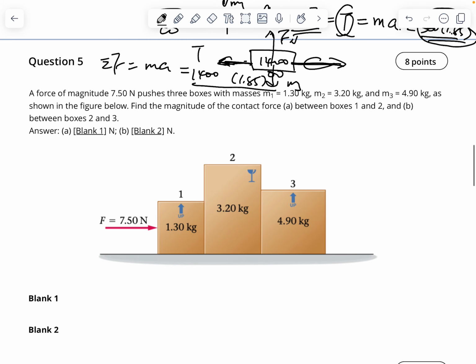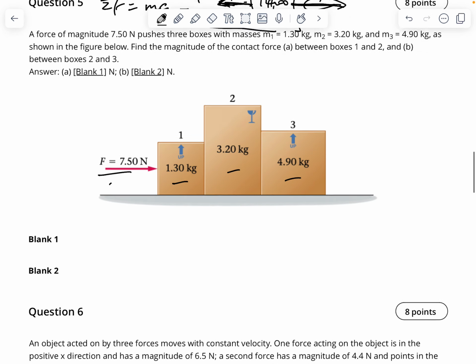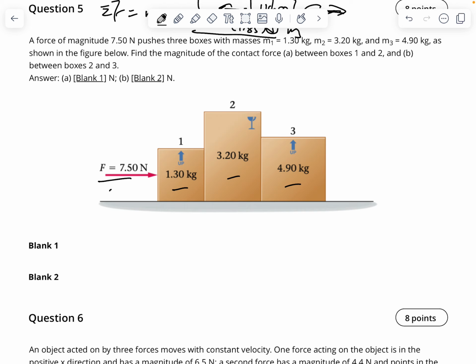Next one is a force of magnitude 7.5 Newtons pushing 3 boxes with masses M1, M2, and M3. Find the magnitude of the contact force between 1 and 2, and between 2 and 3. How do we solve this kind of problem? I discussed this in class. We can consider this whole thing as one unit.